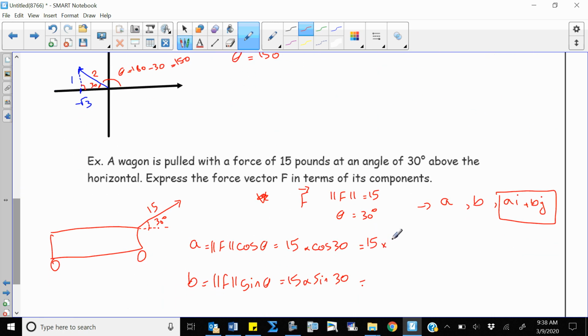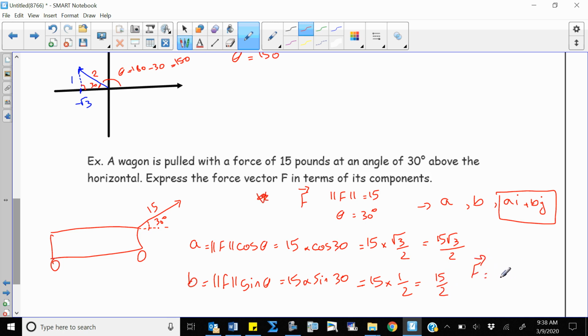So cosine is 15 times radical 3 over 2, and sine will be 15 times 1 over 2. So x component is 15 radical 3 over 2, and y component is 15 over 2.